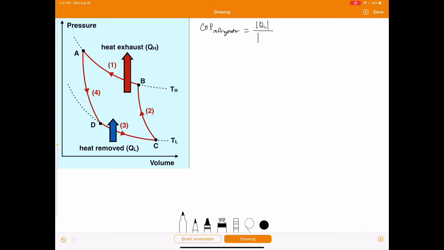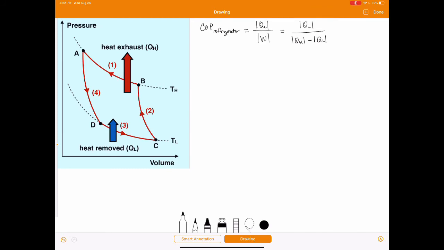And what you have to put in is some amount of work, W. The ratio of QL over W is the coefficient of performance. But this can be written as QL divided by QH minus QL. So to get the coefficient of performance for a refrigerator, all we need to know is QL and QH.